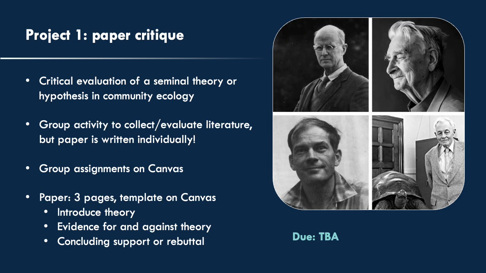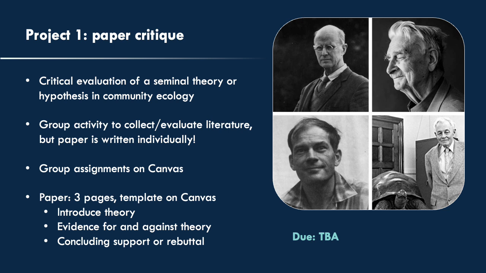The first assignment is what I call a paper critique. Essentially, it is a critical evaluation of a seminal theory or hypothesis in community ecology. The foundation of this assignment can be done as a group activity.